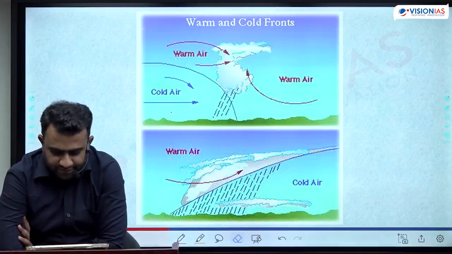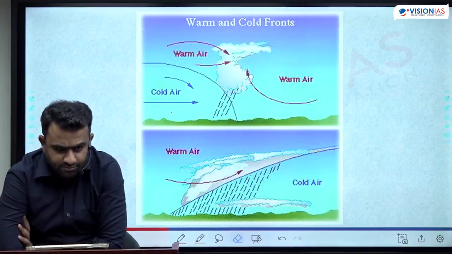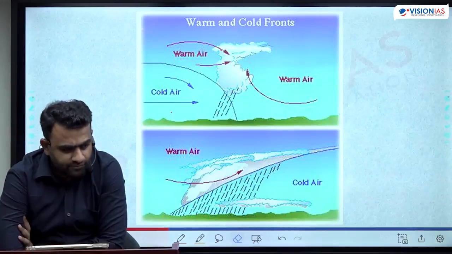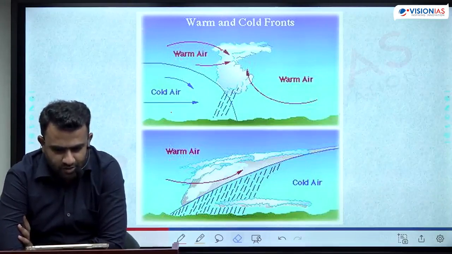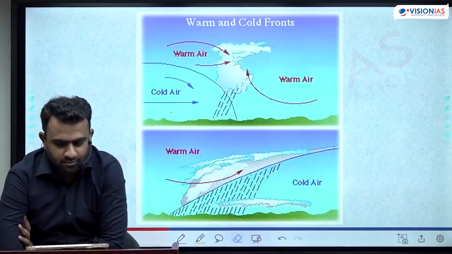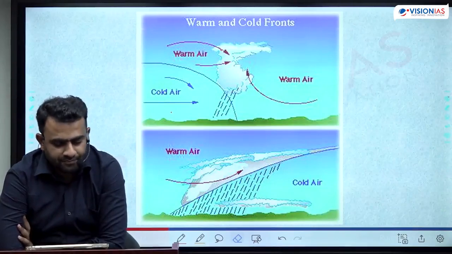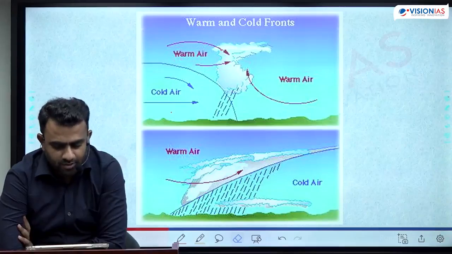Next point, when this front is disturbed, it results in the formation of a warm front or cold front.